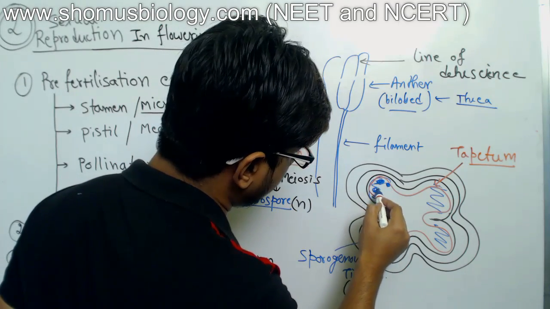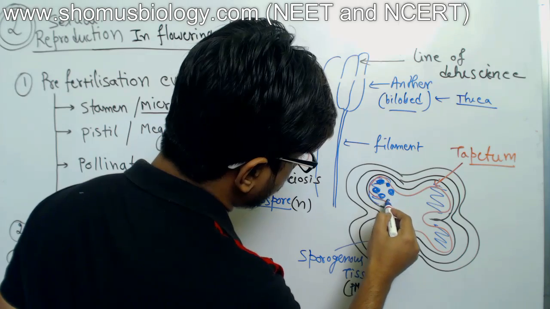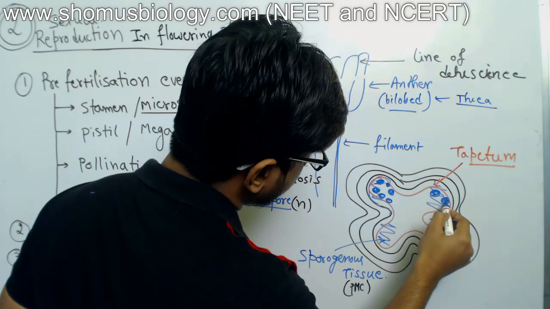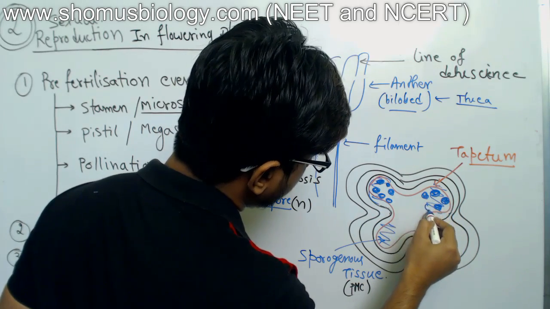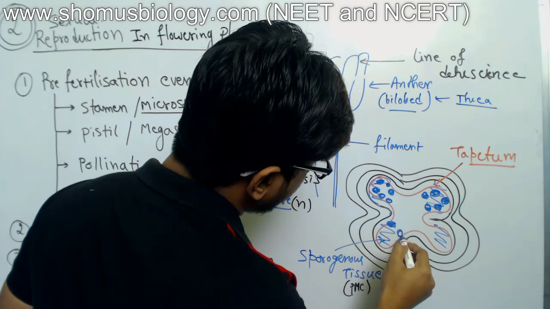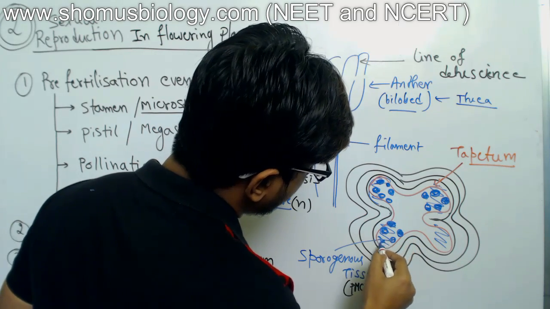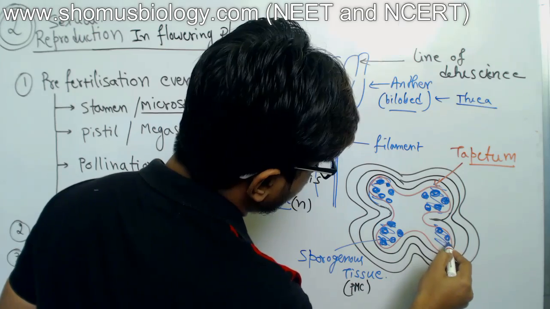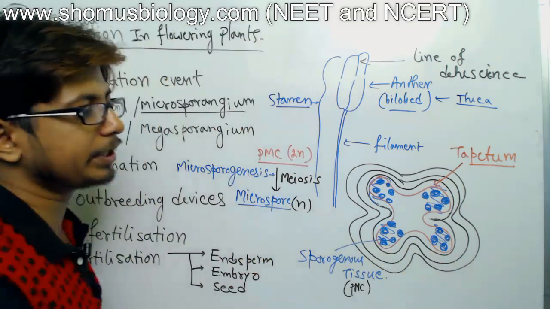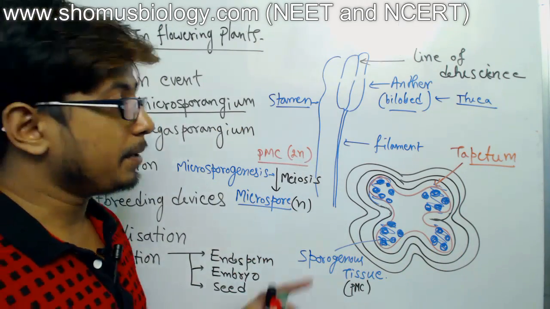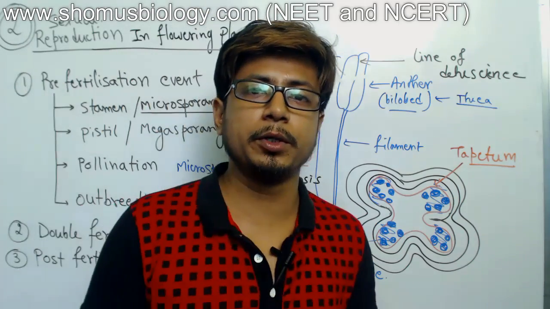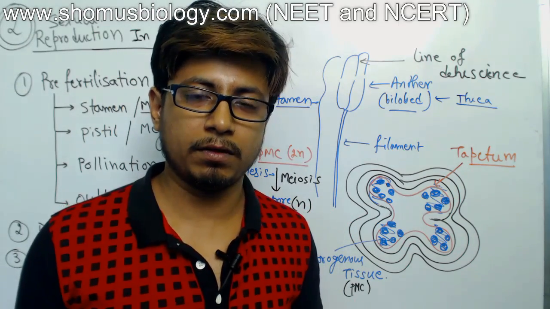Now once the microspore is produced, the microspores start to be present here. Let me draw the microspores. Let's say these are the microspores which are produced there. Okay. Now the microspore is not ready to be released from this microsporangium, because the microspores produced are not dry enough.